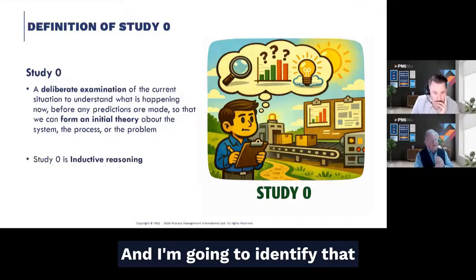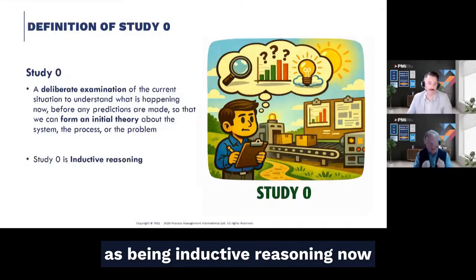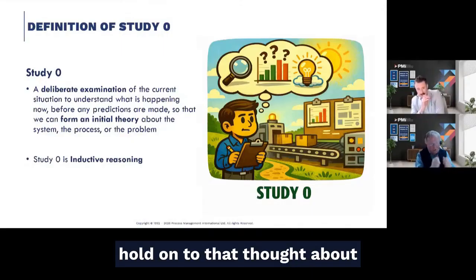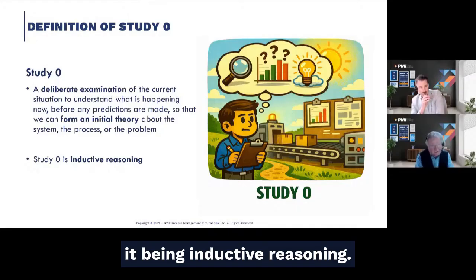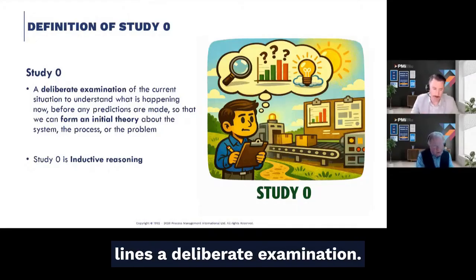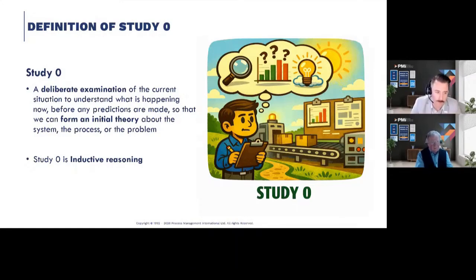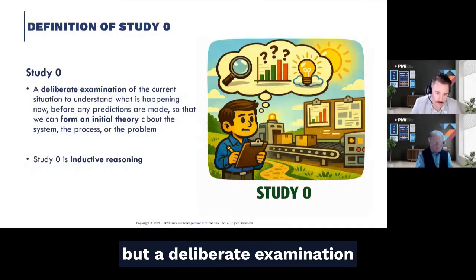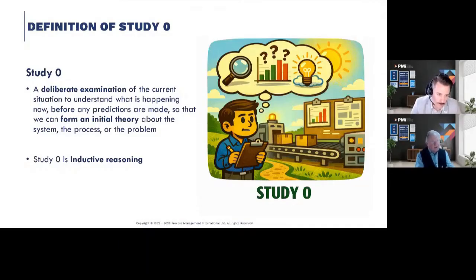And I'm going to identify that as being inductive reasoning. Now, hold on to that thought about it being inductive reasoning, but also pick out on the black lines a deliberate examination, not a happenstance, but a deliberate examination to form an initial theory.